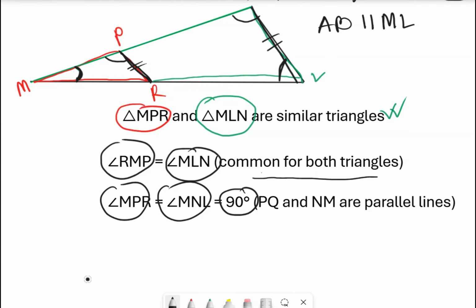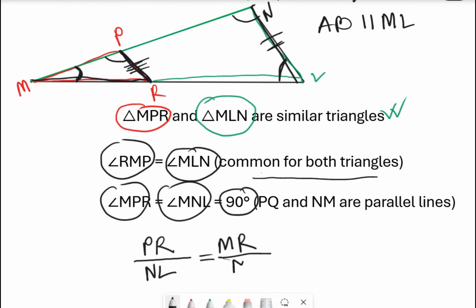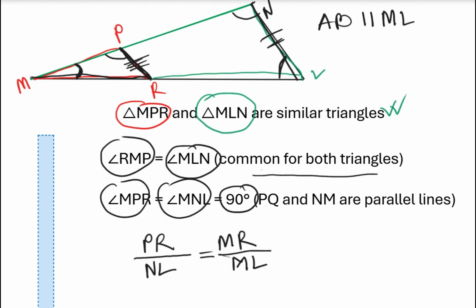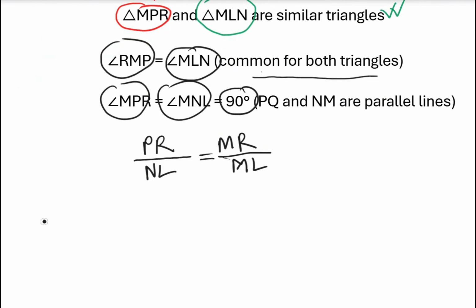And from this assumption, we can write down the ratio PR over NL is equal to MR over ML, because these two lines are parallel to each other at point R. This is a very basic geometric formula or condition.